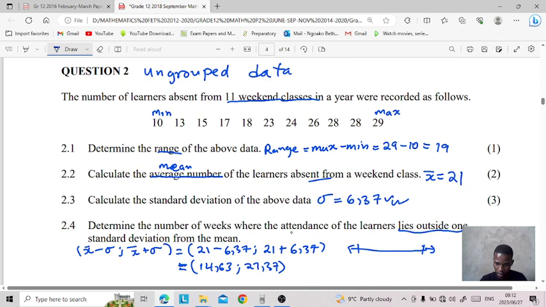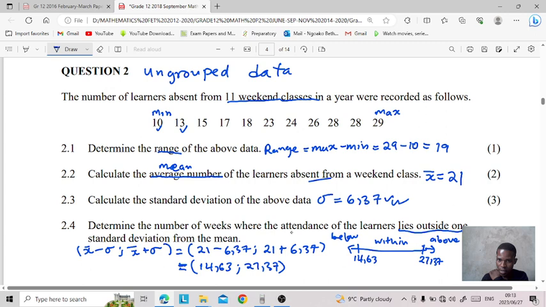Now because they want outside, which is below plus above, we're going to get the numbers that are below 14,63. Look at the data here. We have this one and this one. This one is above 14,63. Then we need the ones that are above 27,37.